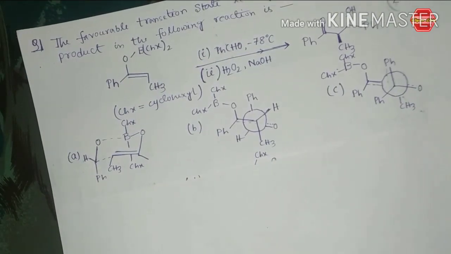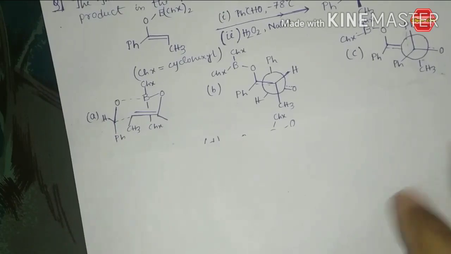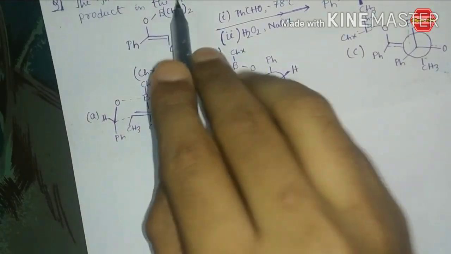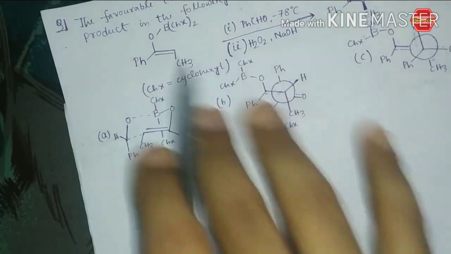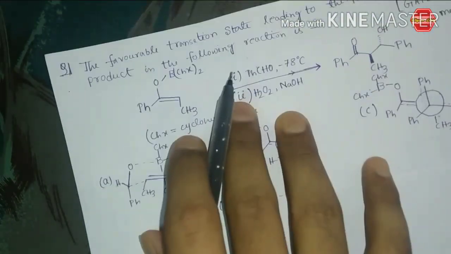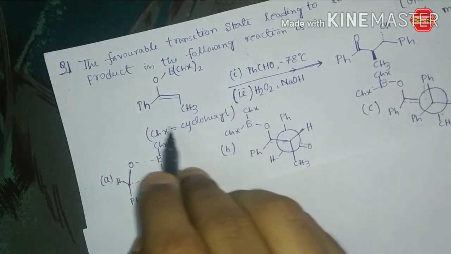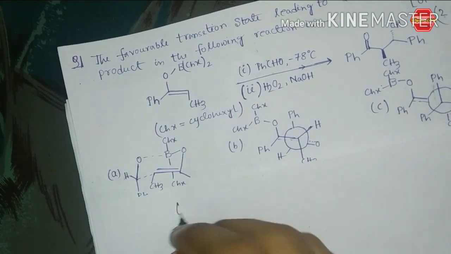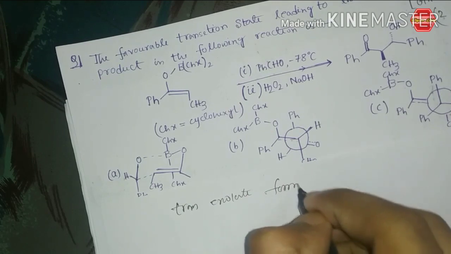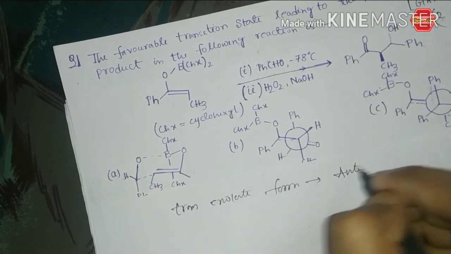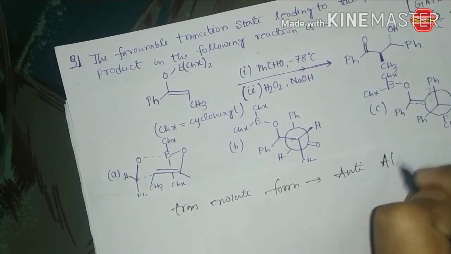Okay, now let's come to the question. The question said that this is a cyclohexyl group. I already told you what the CHX group is. Now see, here is given this type of trans enolate. So you know the trans enolate forms the anti-aldol product.